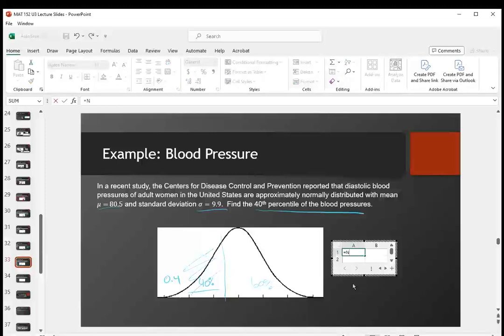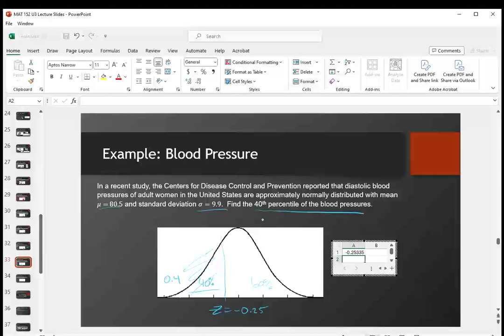So we're going to do equals NORM.S.INV, the inverse. Now it asks for the probability. We want the probability to the left to be 0.4, and this will give us our z-score. And so that z value now, negative 0.25, we'll just call it 0.25.